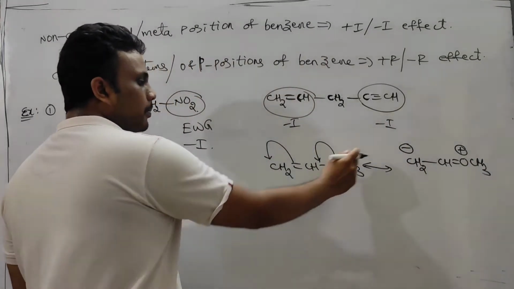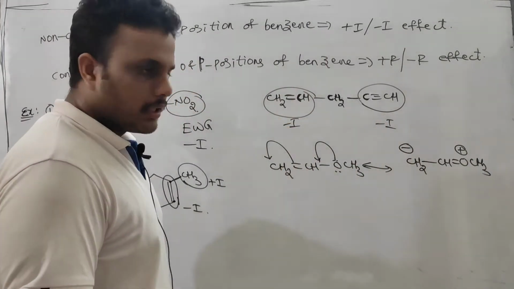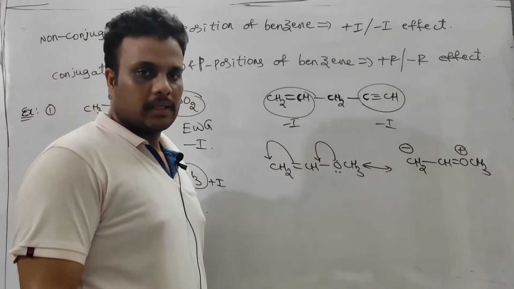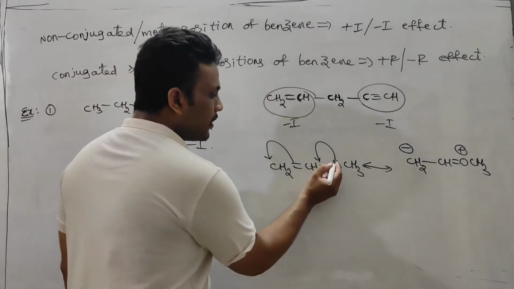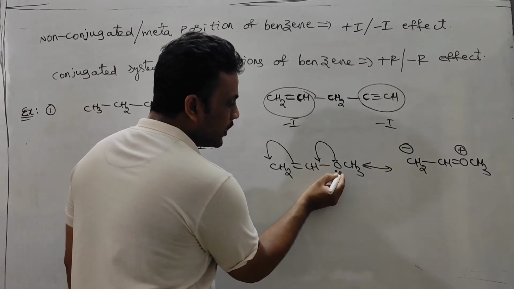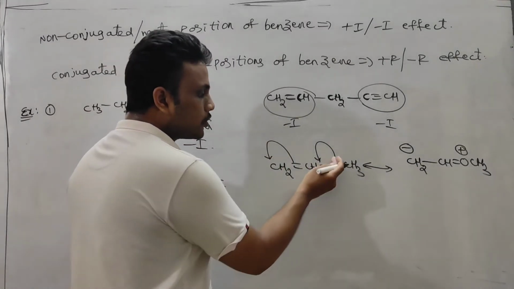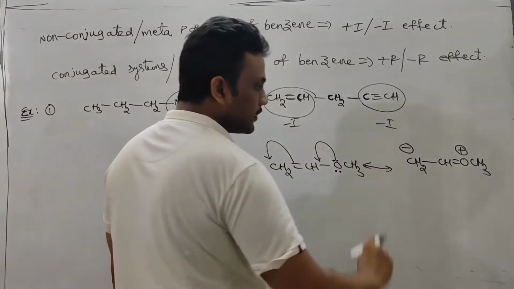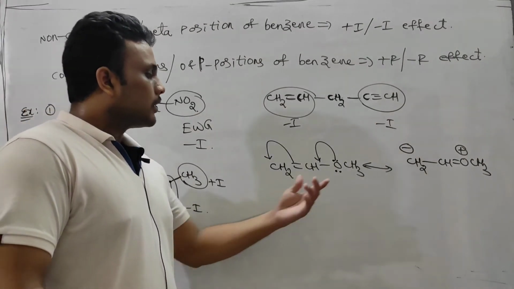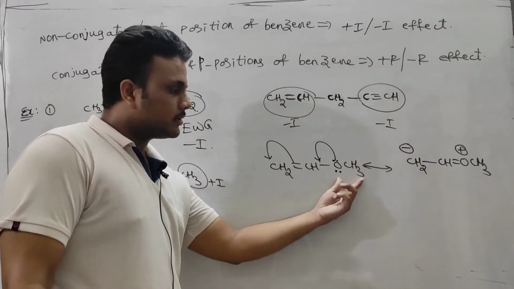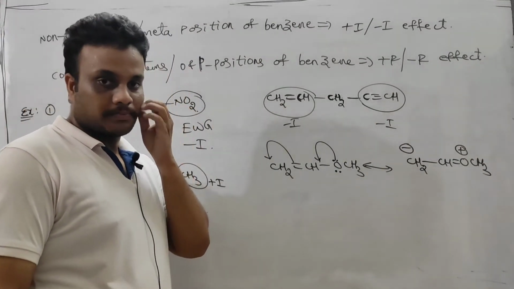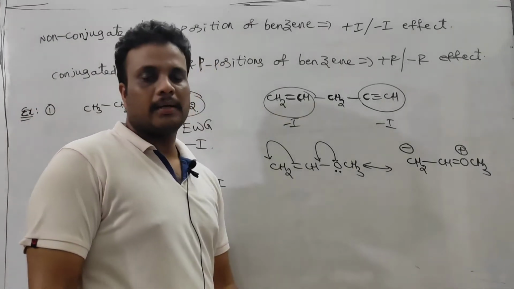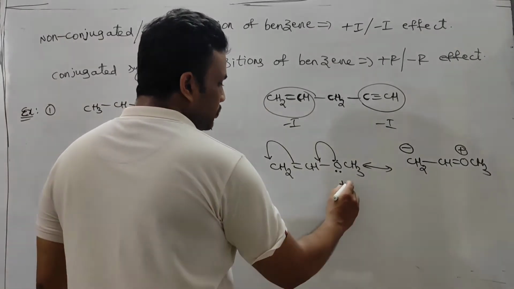Negative charge is developed at this carbon. Don't do reverse resonance, because reverse resonance will be incorrect. The nature of an electron donating plus R group is to donate its lone pair. When it donates its lone pair, it increases the electron density in the conjugated system like this. Including this group, the system is conjugated, so that's why it behaves like a plus R group.